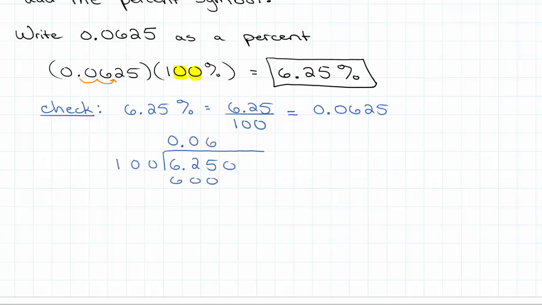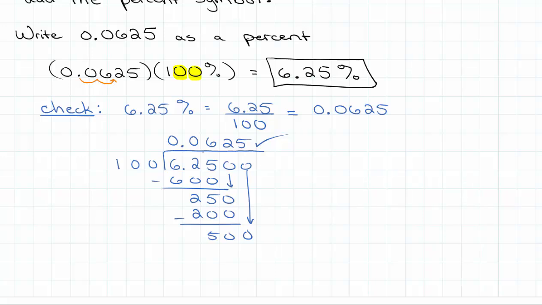That's 600. If I take away 600 from 625, I get 25. Bring down the 0. 100 fits into 250 twice. That's 200. And 100 fits into 500 5 times. And it checks out. So it brings us back to the original number.